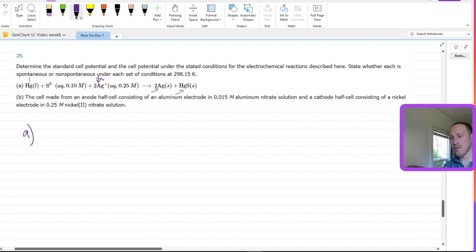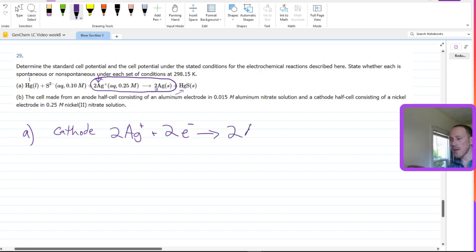So this I know for sure. This is obvious. Silver cation is becoming silver. So this is our cathode. Two silvers, and it must be two electrons because silver is a +1, becomes that. So that's our cathode.